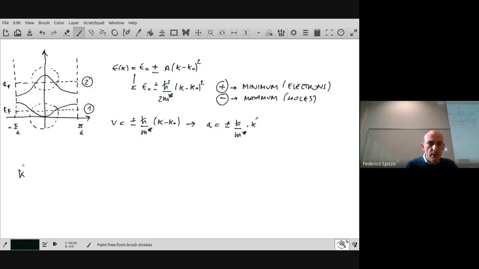So the idea is to evaluate K prime scalar product acceleration, or K prime scalar product the derivative with respect to time of the velocity, or the derivative with respect to time of 1 divided by h bar gradient of K of the energy.